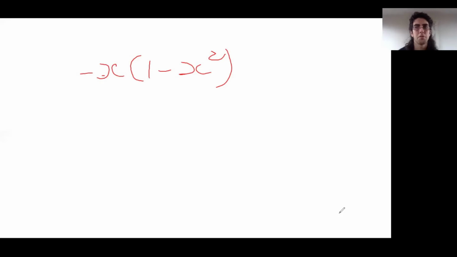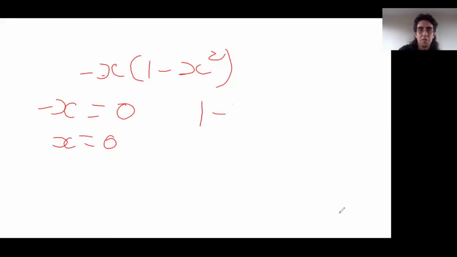So the second thing we'll look at is our x-intercepts. Now the first one's easy. We even recognise using the null factor law that minus x equals 0. So therefore, there is an intercept at x equals 0. The other one is when 1 minus x squared equals 0. If we rearrange this equation, we get 1 equals x squared.